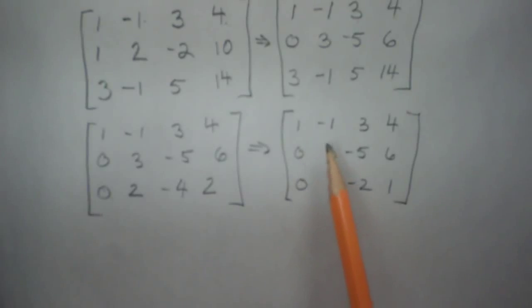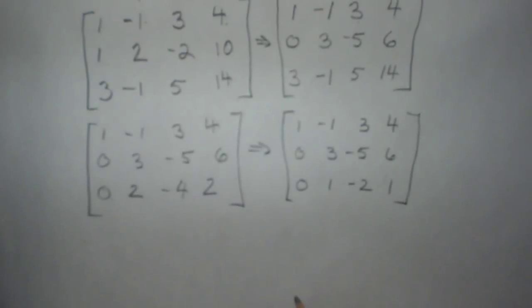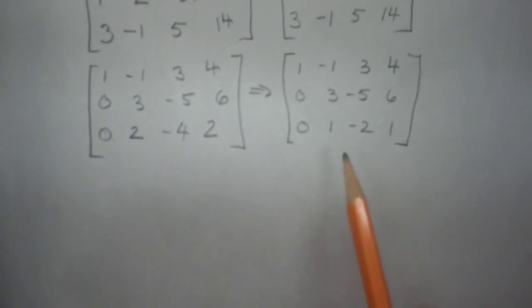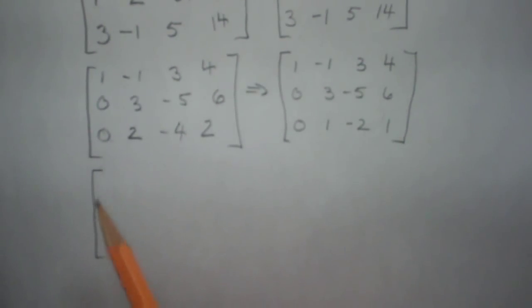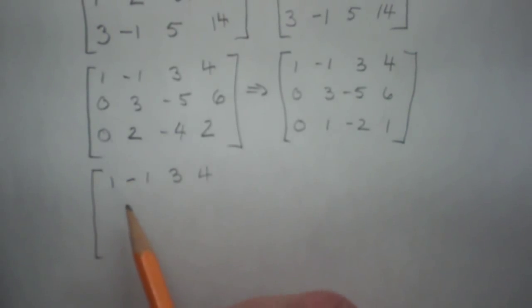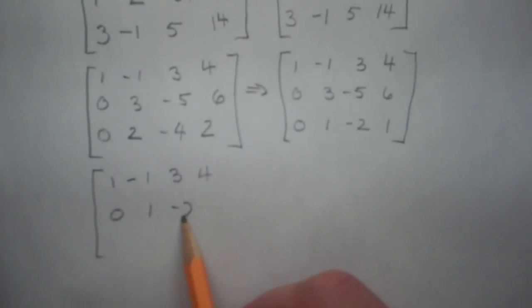So far, so good. In fact, this 0, 1, that's exactly what I would like to have in this middle row. And remember, it's always okay to interchange the position of two rows. That's one of the 3 things you're allowed to do in Gaussian elimination. So I'm going to rewrite this whole thing, just interchanging those 2 rows. Here we have 1, -1, 3, and 4. Let me interchange the rows now. So 0, 1, -2, 1.